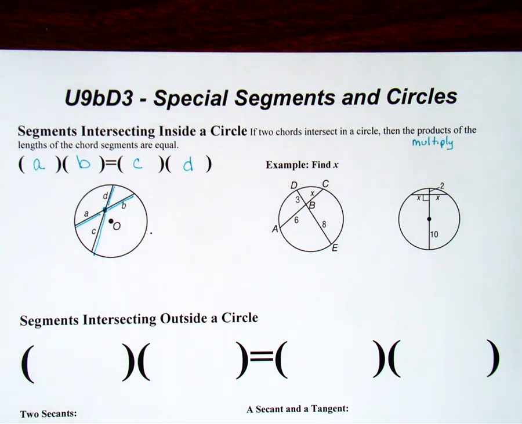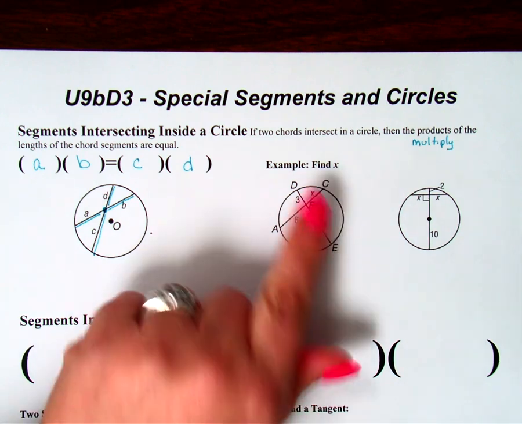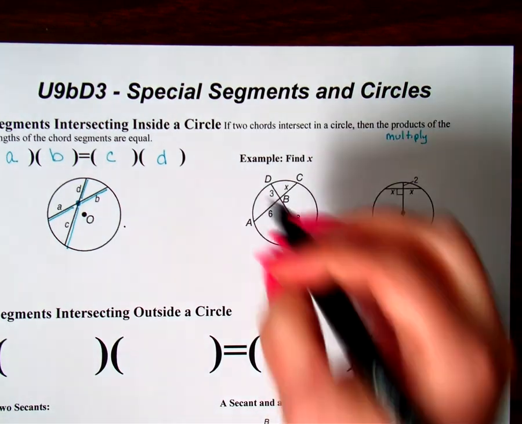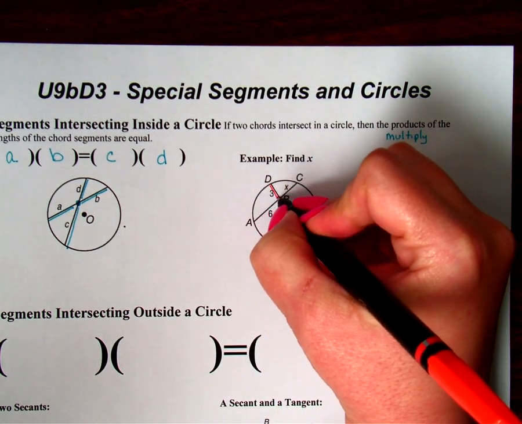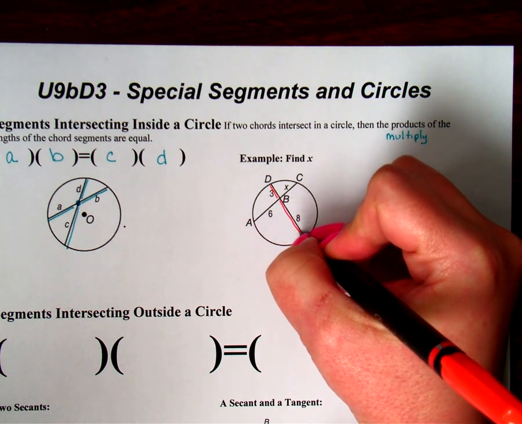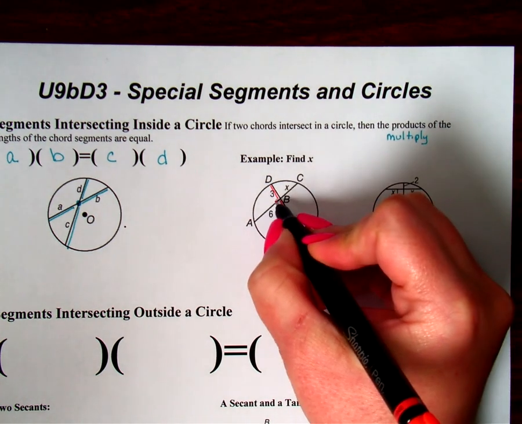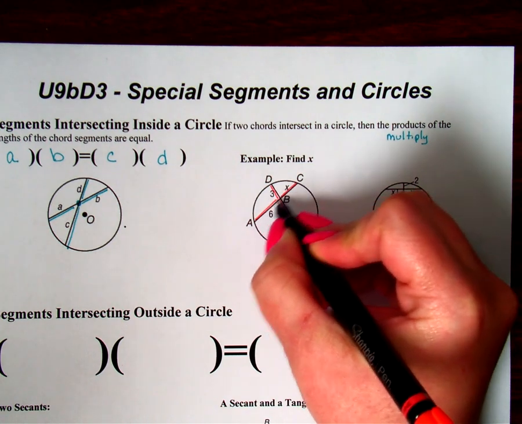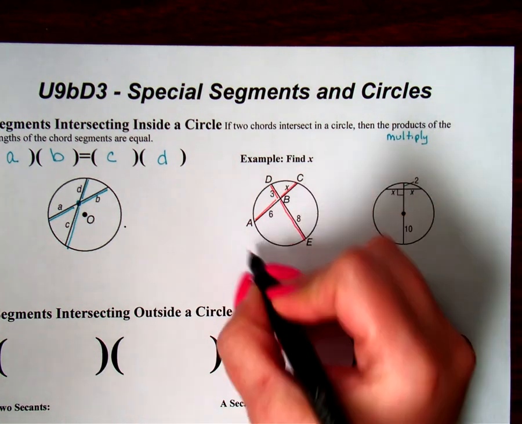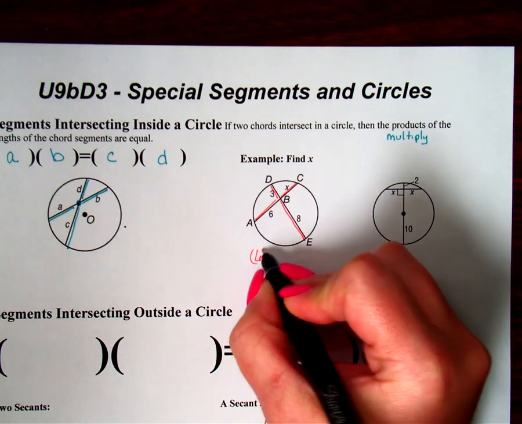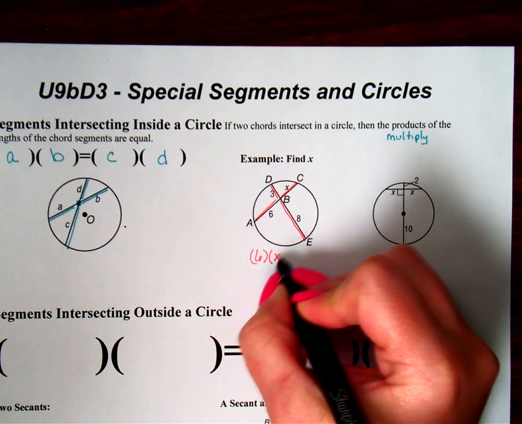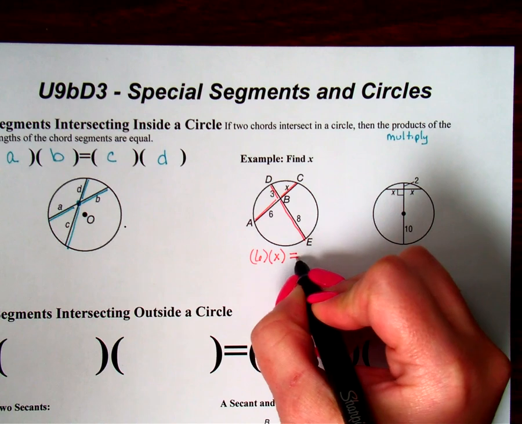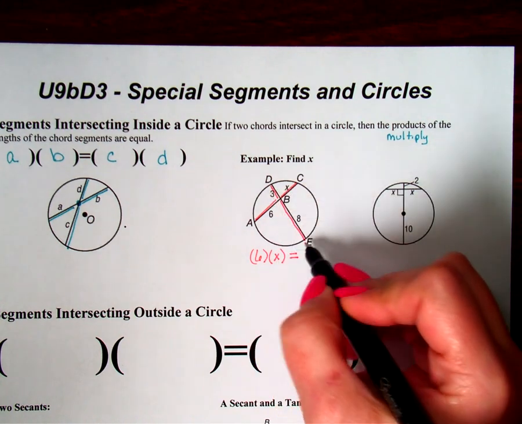Let's look at an example. When I look at this first one here, it says to find X. I can see that one chord has been divided into a 3 and an 8. And over here, the other has been divided into a 6 and an X. So if I multiply the 6 and the X together, that's going to be equal to the 3 and the 8 multiplied together.